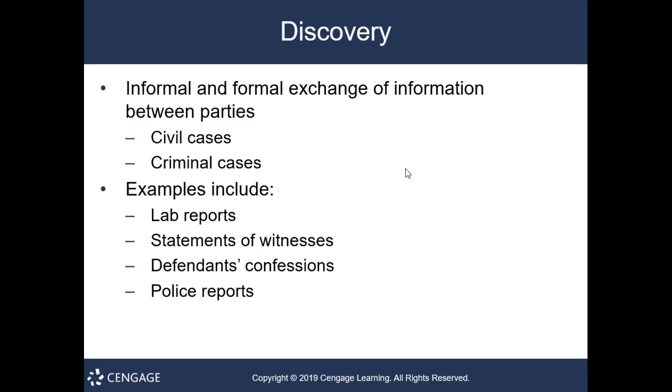What minimally will be discoverable we will go through in particular. But just to understand the discovery process itself, there is certain information that both parties have, and we make them exchange a certain amount of that information. Sometimes mandatorily without even a request, and sometimes you have to request it. It depends on the local law.